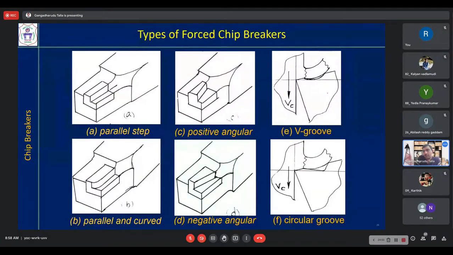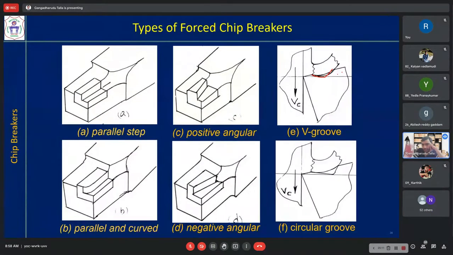And coming to the V groove, you are providing one curvature on the cutting tool. So it is easy to manufacture this kind of groove on the chip breaker. And coming to another, that is the circular groove.